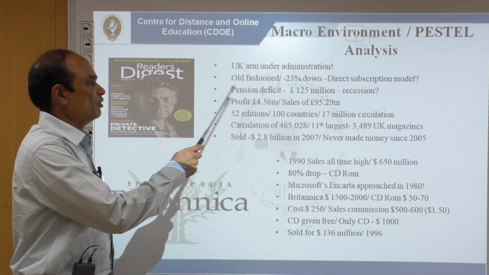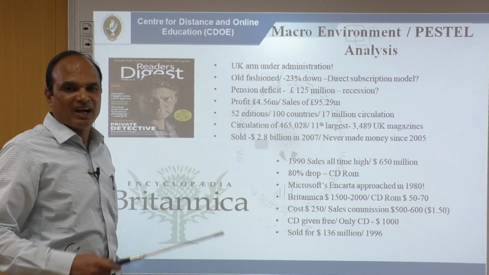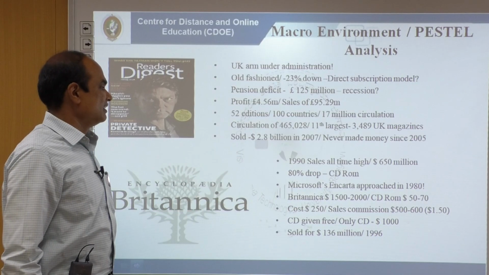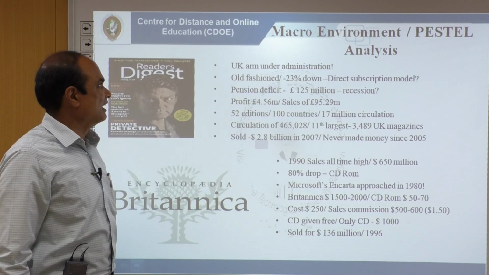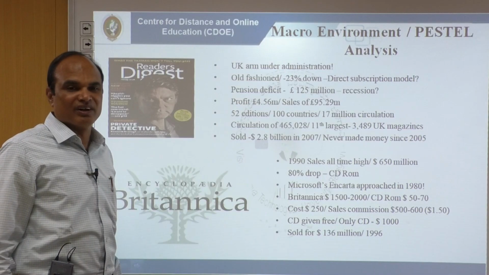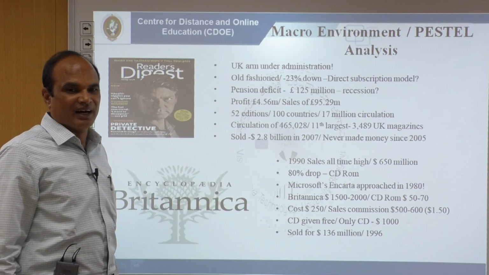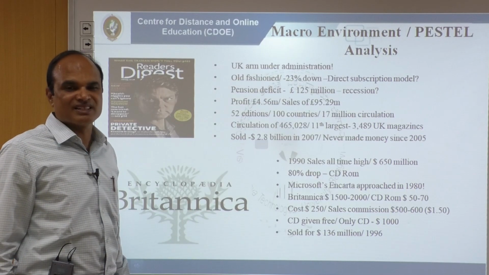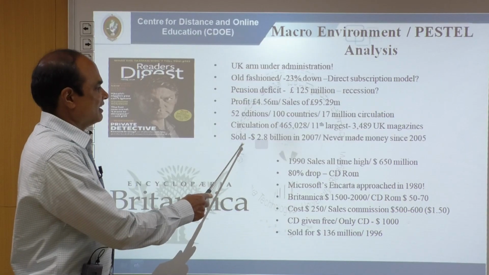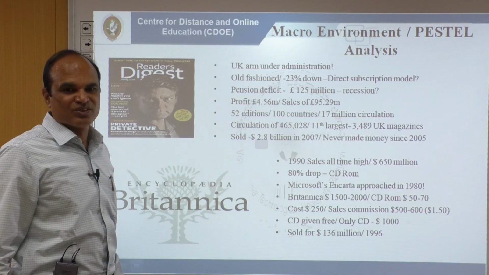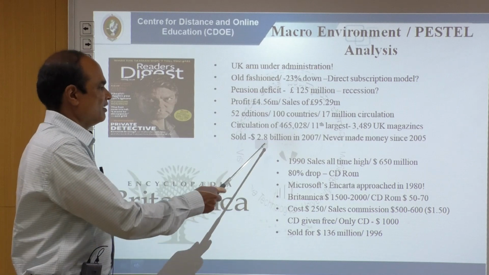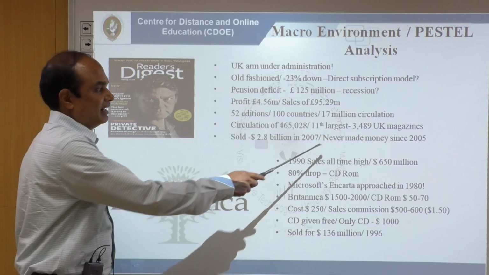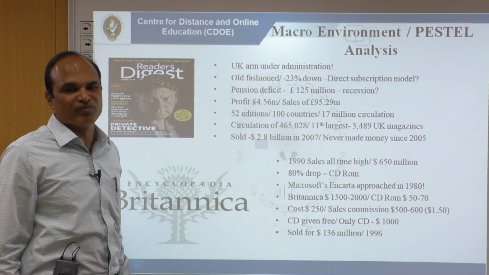But it could not understand what was happening in the environment. The management of Reader's Digest failed to understand and did not make any changes in their strategy, and later on Reader's Digest was sold for $2.8 billion in 2007, and it never made any money since 2005.